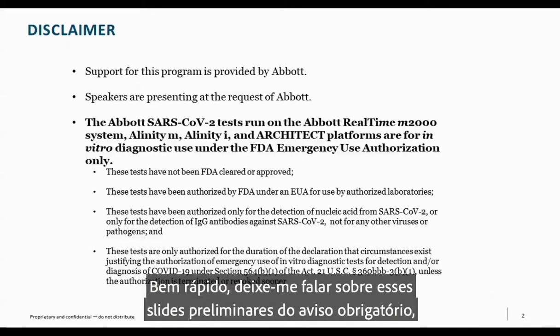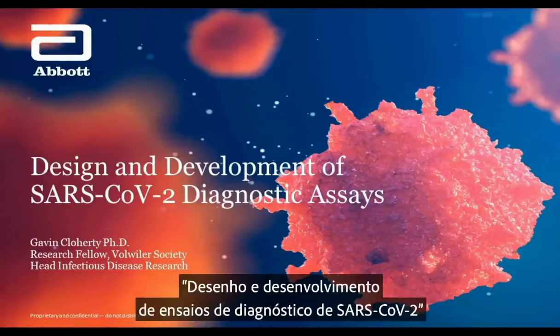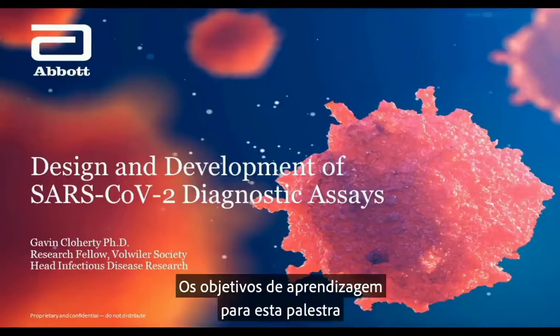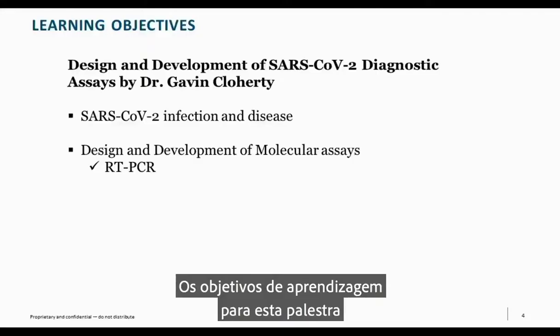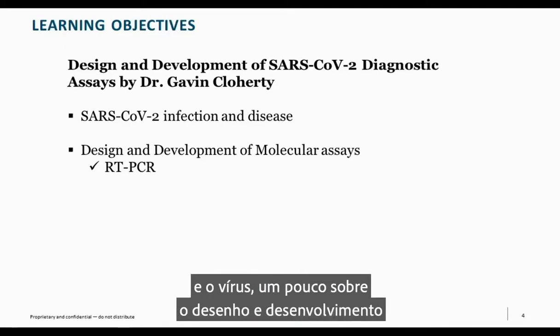So real quick, let me walk through these preliminary slides. So the mandatory disclaimer, I'll leave that up there for a second. And obviously the title of the talk is the Design and Development of SARS CoV-2 Diagnostic Assays. The learning objectives for this talk will be to talk a little bit about the SARS CoV-2 disease and the virus, a little bit about the molecular assay design and development, and also the serological.